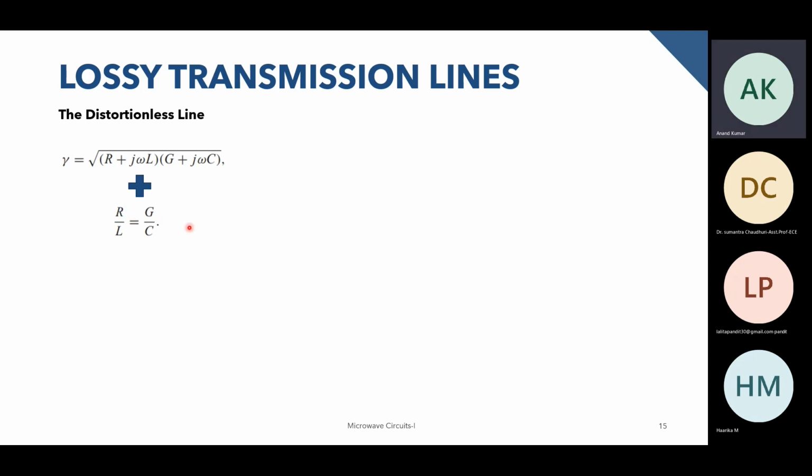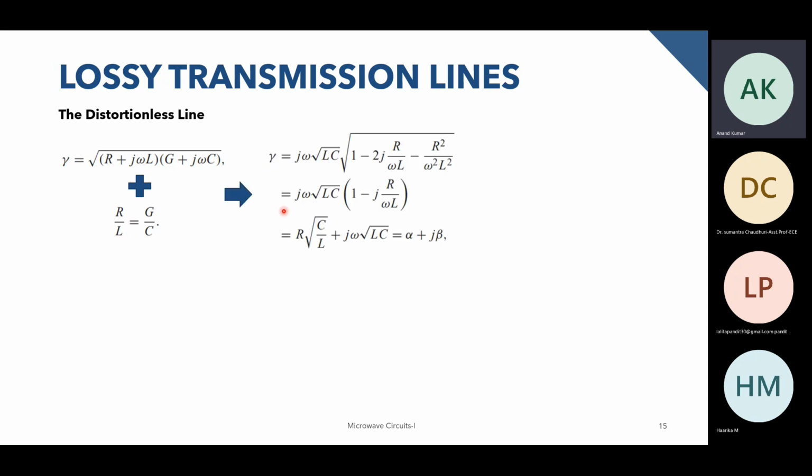Using this relationship, R by L equal to G by C, along with the propagation constant, we will substitute this into this. So what we can do is substitute G by C by R by L. So we take these terms common out.